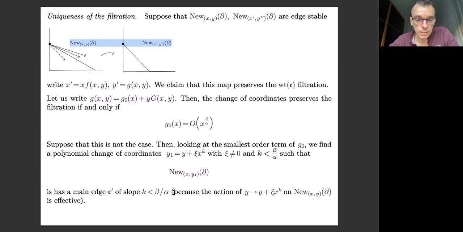I can say this in a more precise way by stating that the action of this change of coordinates on the Newton polygon is effective, in the sense that it will necessarily create something on the support which lies along the slope k here. Okay. So you create this new edge of slope k, strictly smaller than b over alpha.